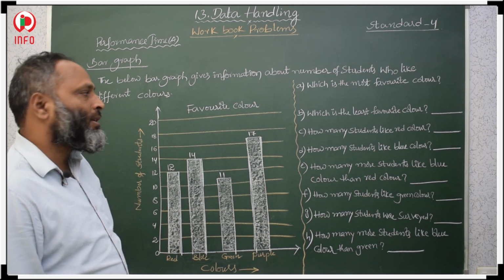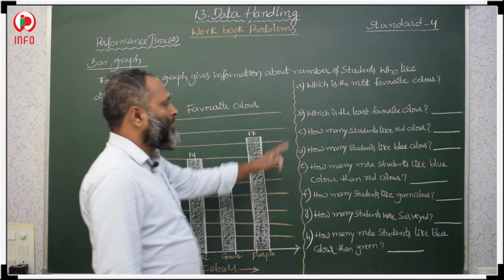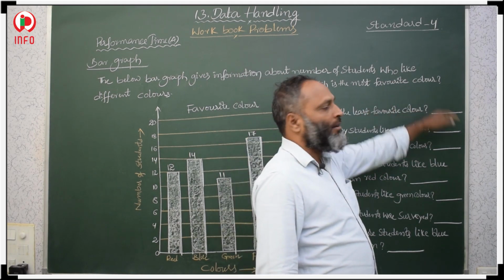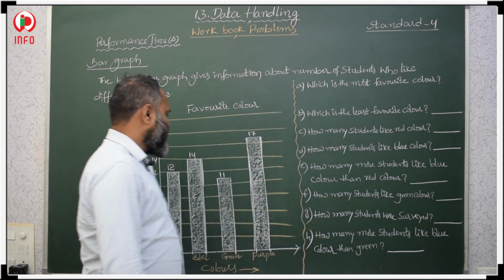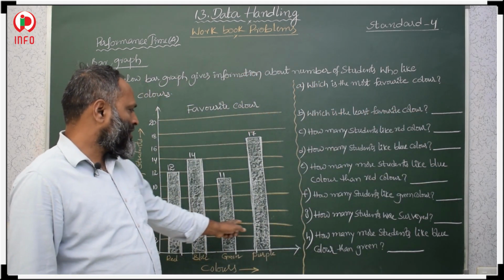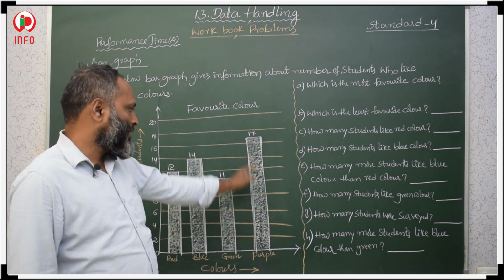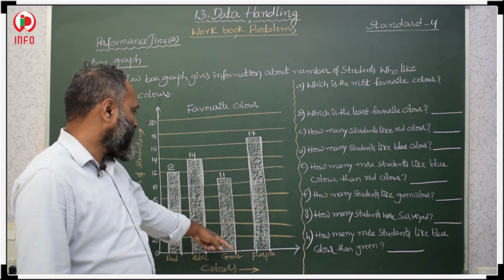What is the first question here? Which is the most favorite color? First we have to see in which bar we have the maximum length. The maximum length is the purple color.